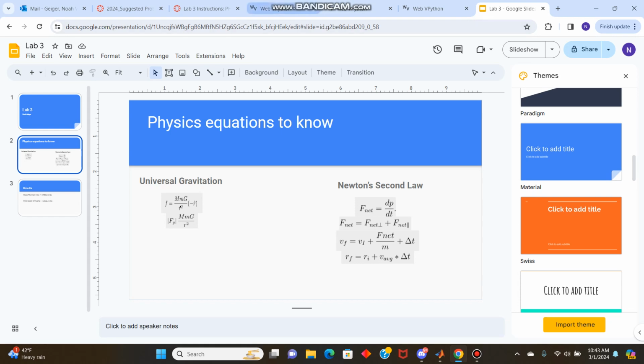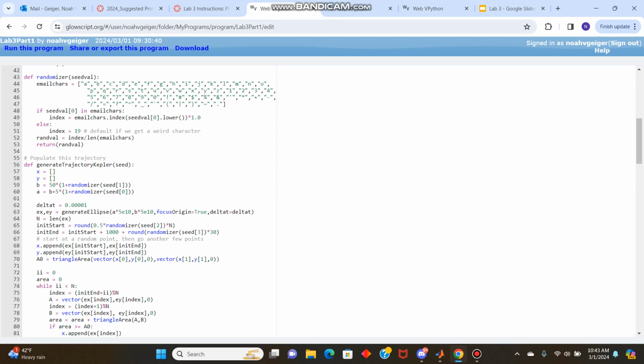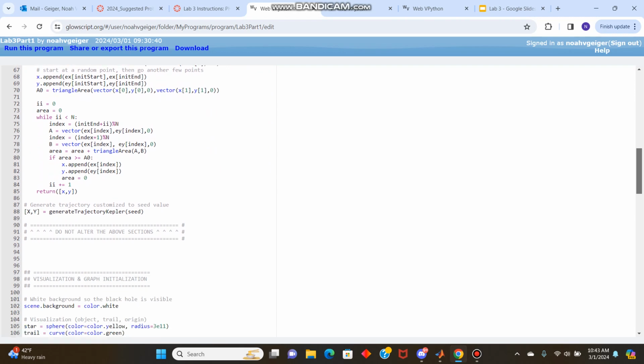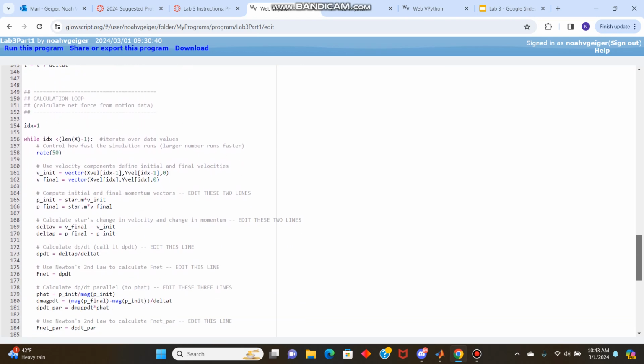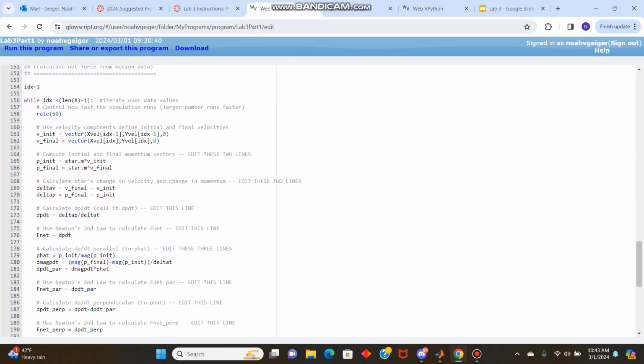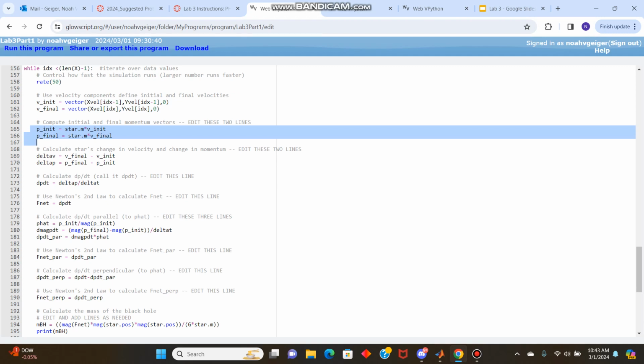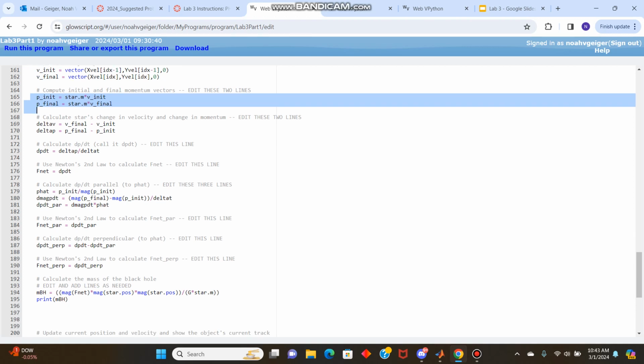All right, so let's go into the code. We start off with the GlowScript code here. Here we have our initial and final velocity vectors, and we set up everything so that the momentum is just the mass times the initial velocity, and the final is just the same mass times the final velocity.